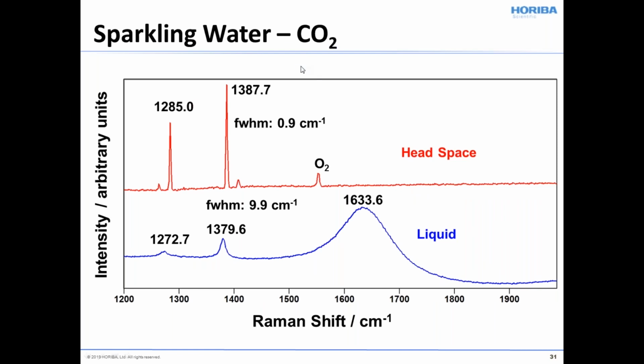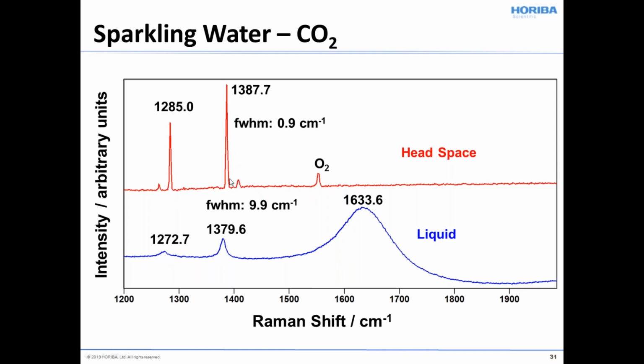Now the beer fluoresces, so if we want to look at the molecular interactions of CO2 and water at that same excitation wavelength, 532, that's a better choice. So here again is our headspace Raman spectrum of CO2 and oxygen. And now look at the CO2 bands that are in the sparkling water.